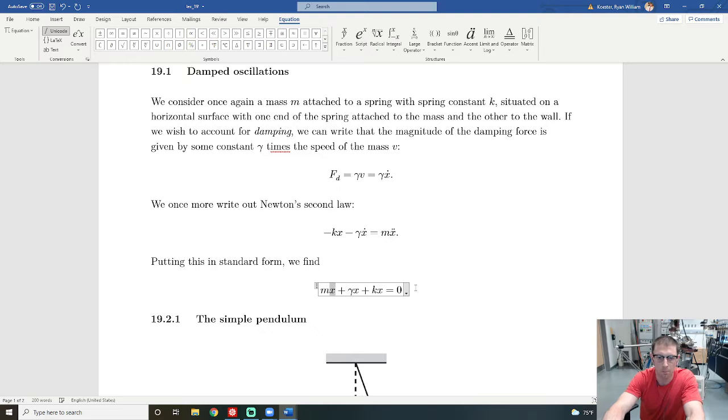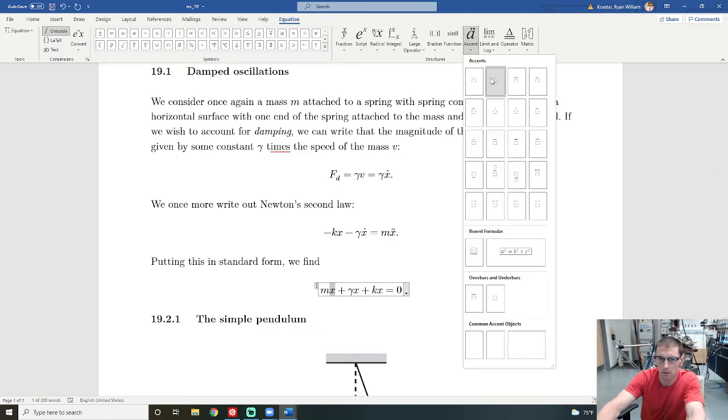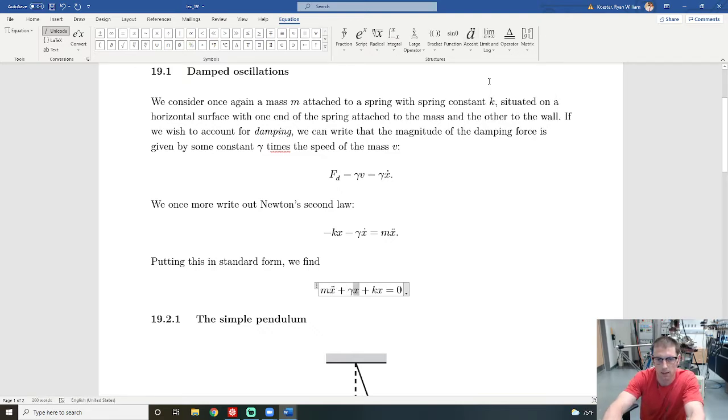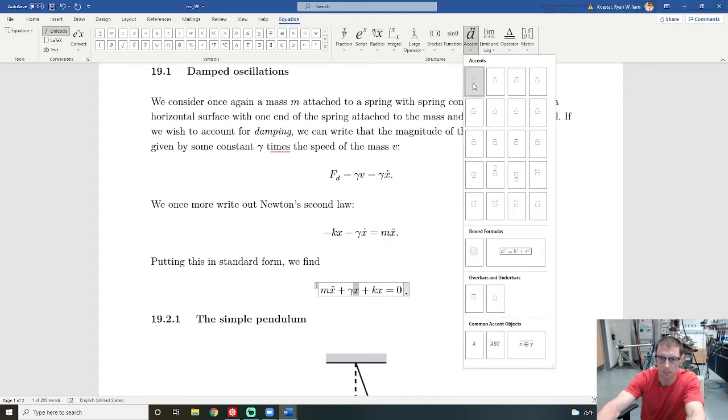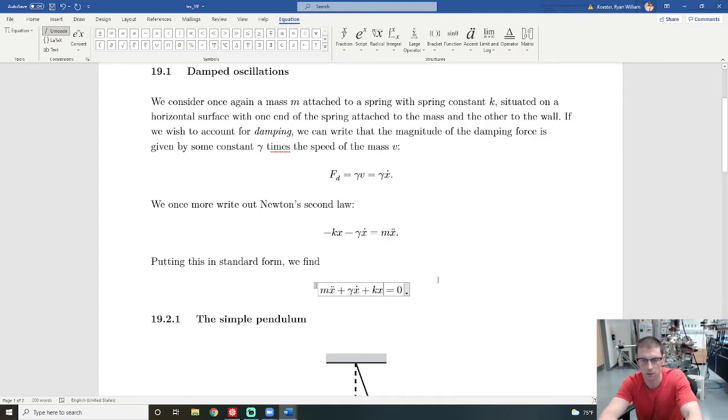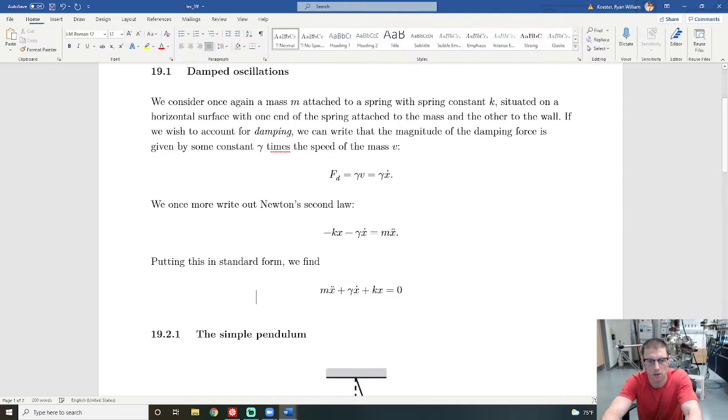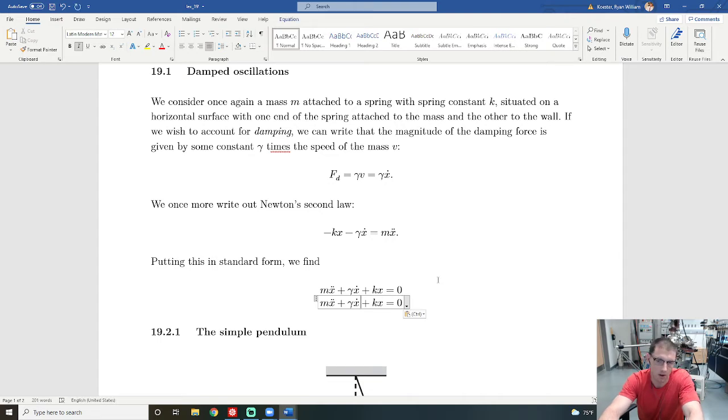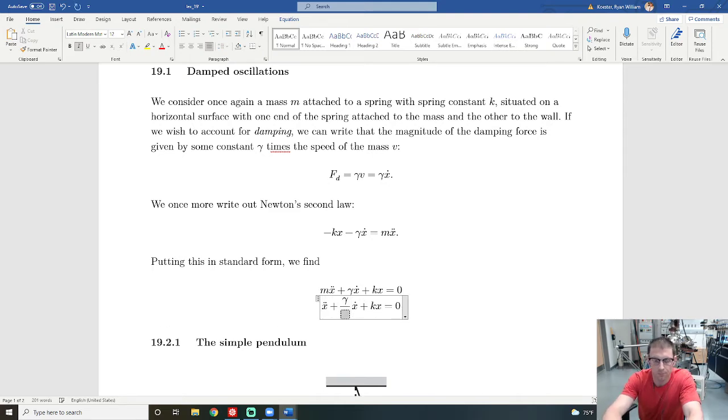This is still x double dot, this is still x dot, and this doesn't change. So let me copy this actually. We just divide everything by m. We can do this because this is a homogeneous equation, meaning that one side of it is 0, like that, k over m.